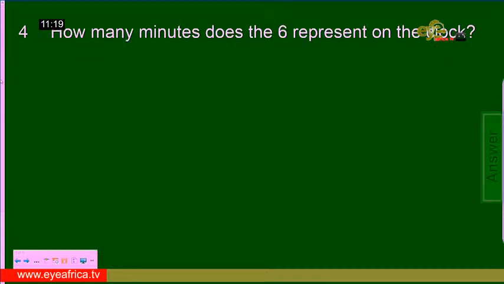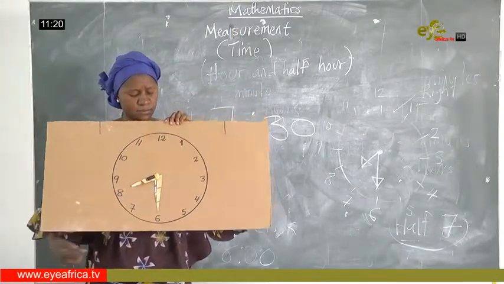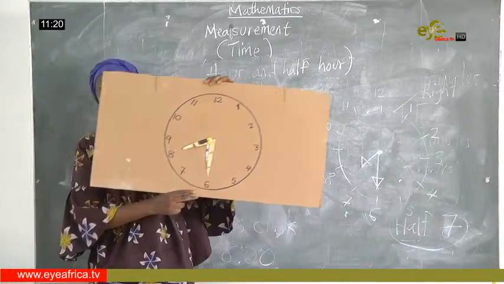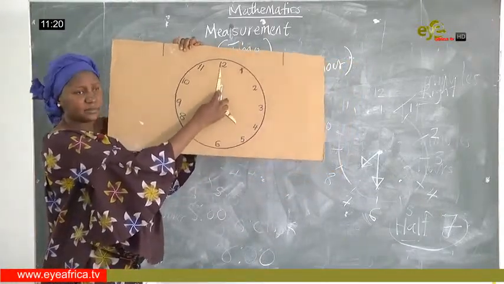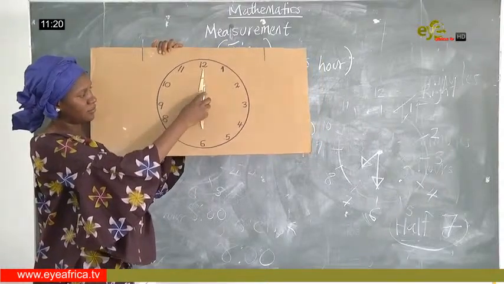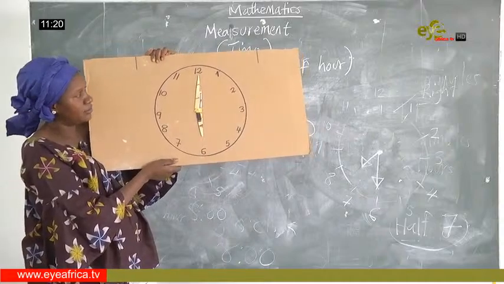How many minutes does the 6 represent on the clock? If I say 6, I mean this number here on this clock face. When the minute hand is at 12, that is the exact hour.